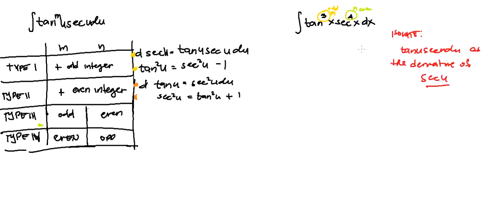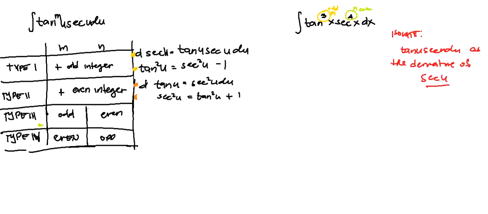Okay, so after we isolate the derivative of secant, we need to convert all the remaining tangent into secant form.